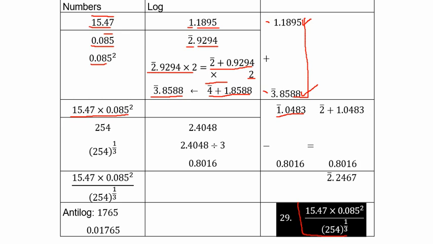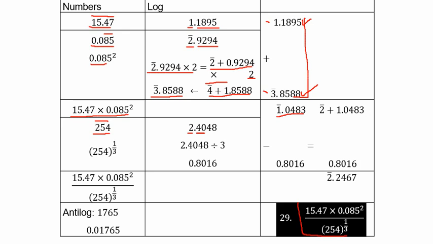So we go to the denominator. The denominator is a power, a roots operation. So let's take the number first, 254. The characteristic is 2. You have 3 digits, there's no point, so you subtract 1 from 3, so you have 2. For the multiplier, you check 25 under 4, no difference.